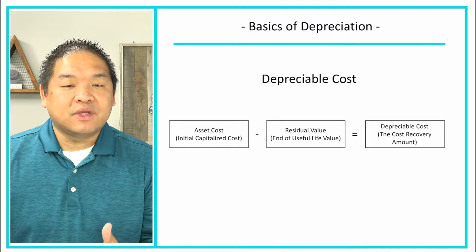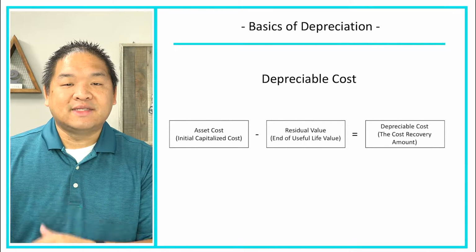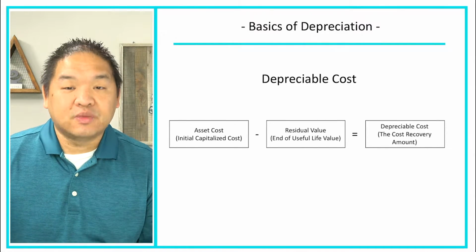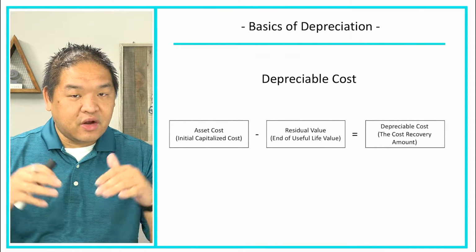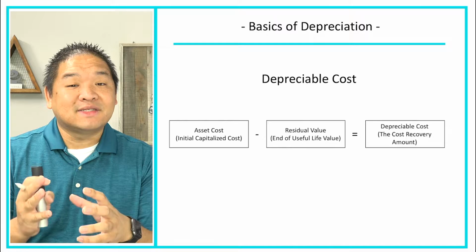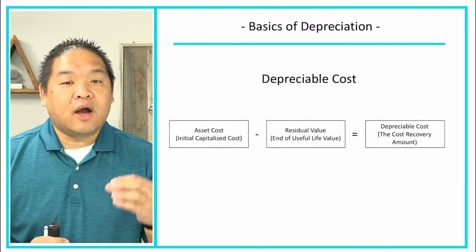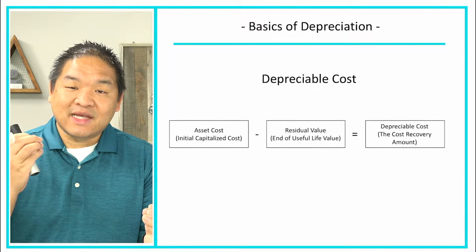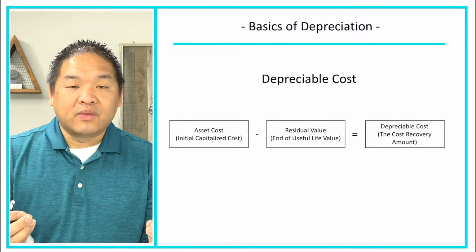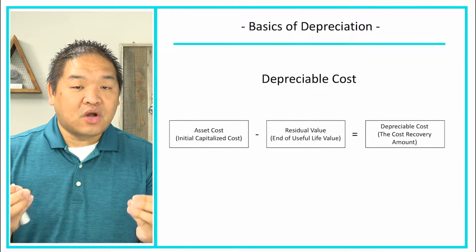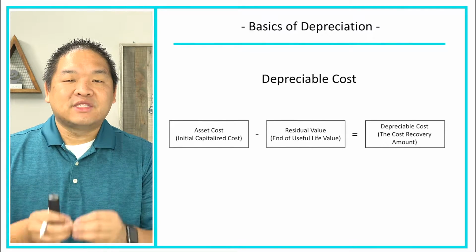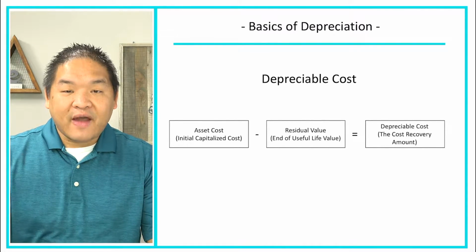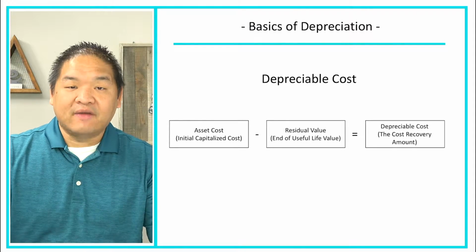Now, you might hear throughout your studies that you need depreciable cost. Well, depreciable cost is actually the amount that we are going to depreciate over the useful life of the asset. So for instance, if our car costs us $30,000 and we expect to sell it for $5,000 when we are done with it, then our depreciable cost is $25,000. What that means is that we are going to depreciate the car $25,000 over 5 years.